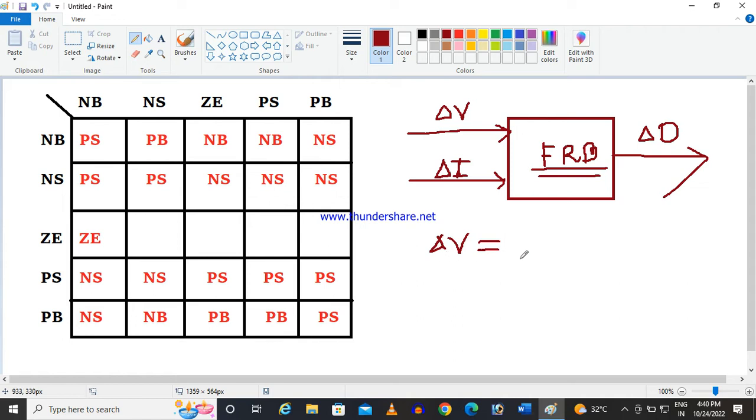So what is del V? If you see my channel, there are some videos on how to generate PWM in a microcontroller. That is basically done through a timer, and the timer runs at a certain frequency.